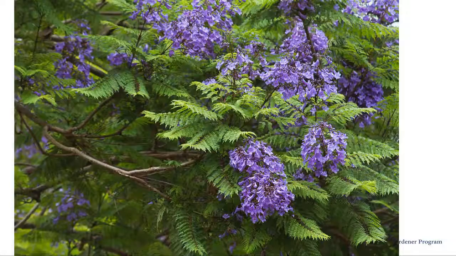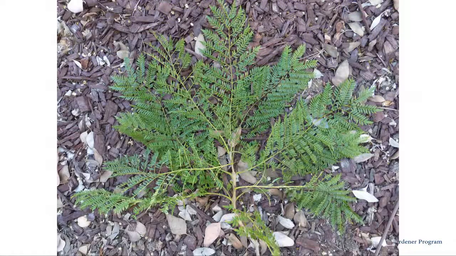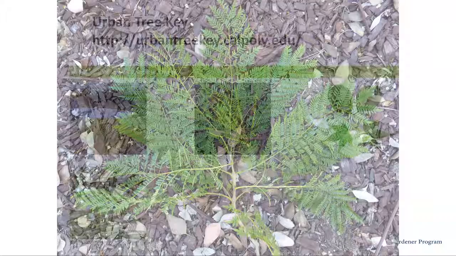So let's go through and do this tree that we all know. So our leaves are compound, pinnate or palmate? Pinnate, bipinnate? Bipinnate. Okay. So what kind of leaves does it have?